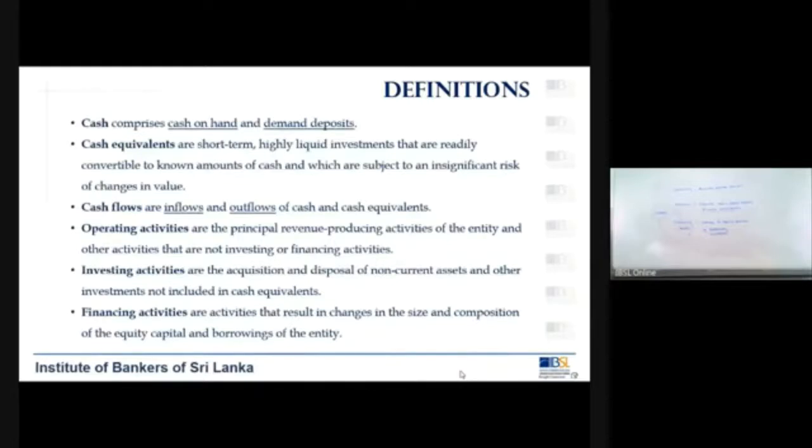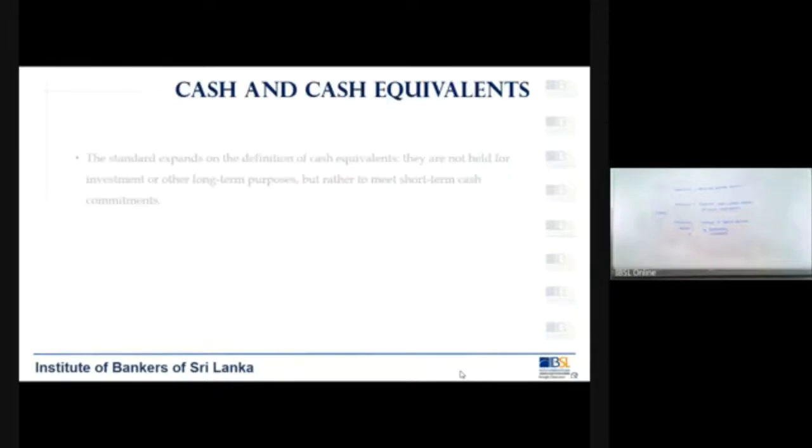Similarly, investing means the acquisition and disposal of non-current assets and other investments not included in cash equivalents. Then financing activities are the activities that result in changes in the size and composition of the equity capital and borrowings of the company. Right?